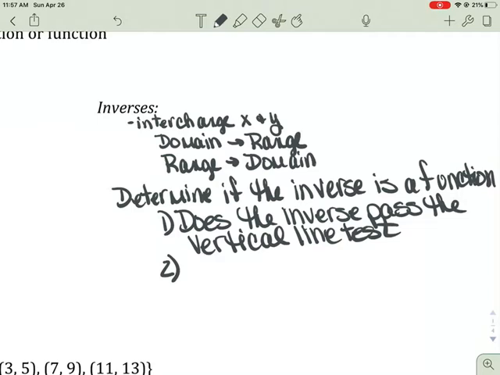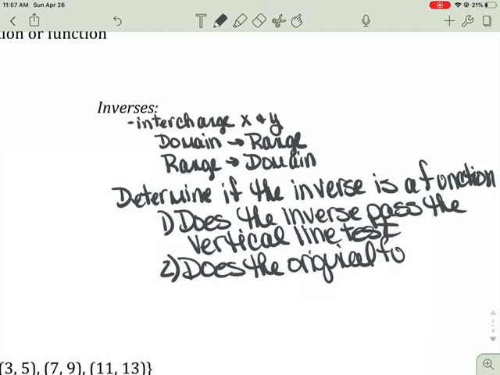Second way, we're going to introduce something new called the horizontal line test. So the question is, does the original pass the horizontal line test?